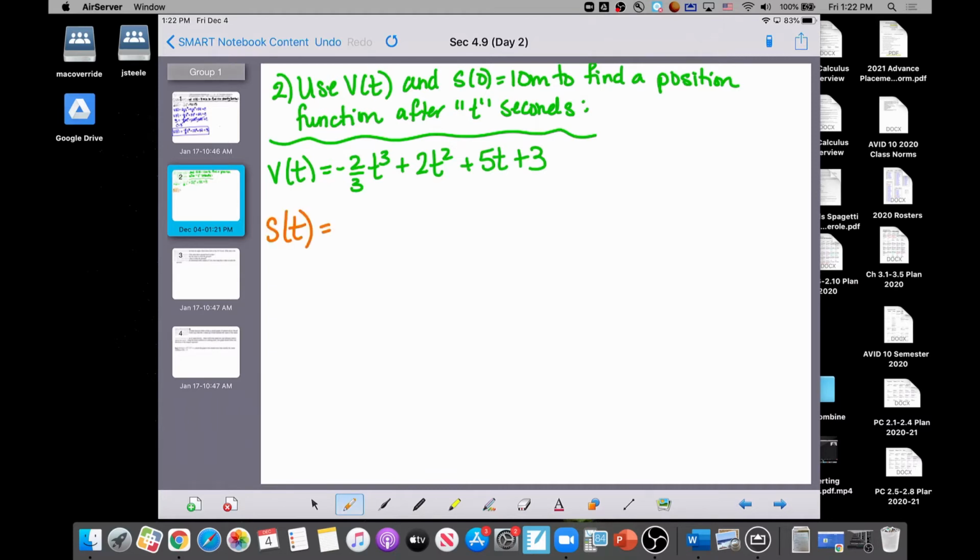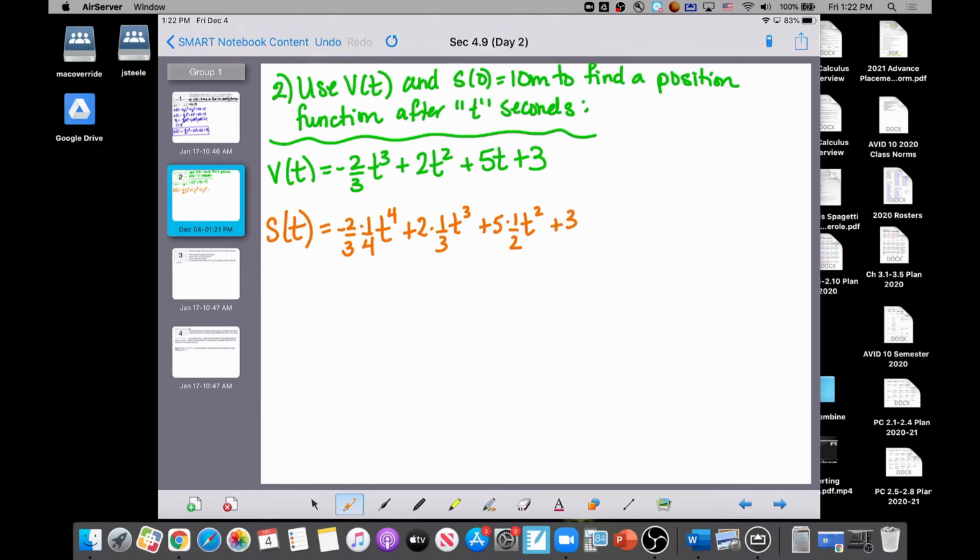So my s of t is going to be, this term will become t to the 4th. I need the 1/4 to undo it in the front, and then I still need the negative 2/3. The second term will become t cubed. I need a 1/3 in front to undo that, and I still need the 2 there. The third term will become a t squared, so I need a 1/2 plus the 5 that was already there.